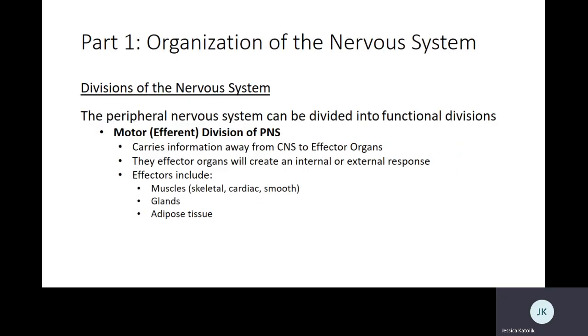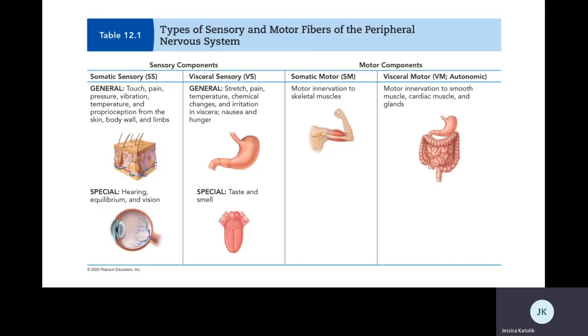That was really long. So just to do a quick recap of the system: the sensory division, or the afferent division, detects signals from the internal or external environment and brings that information into the central nervous system.